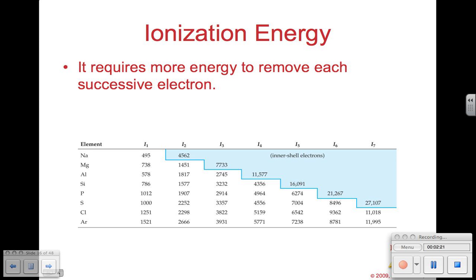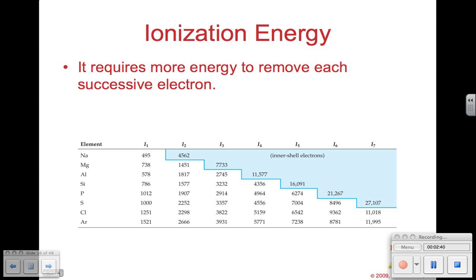That's because you're trying to remove an electron out of the inner shell of electrons, or the inner core of electrons, which takes a lot more energy than removing an electron that's in the outer shell, or the most outer shell of an atom.